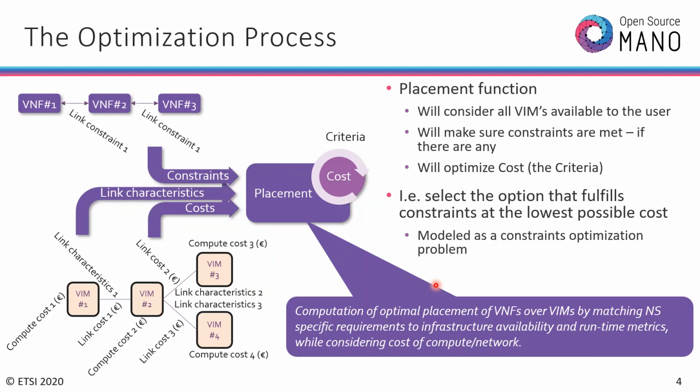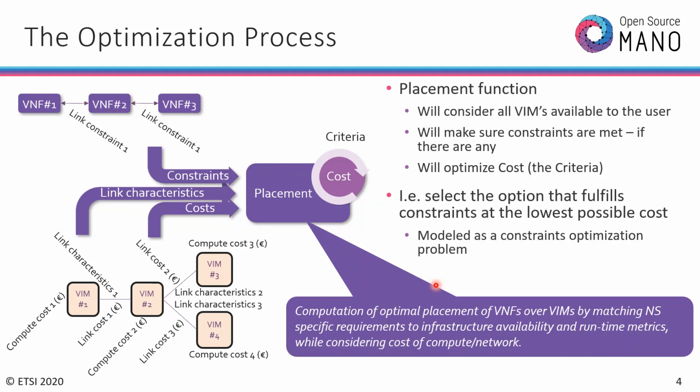And we do this by matching the specific requirements we have for this service to the infrastructure that we have available, paired with the metrics that we have, and then whilst considering the cost of the compute and the network. So you also here see that this is sort of the abstractions that we are currently working with in our current model.